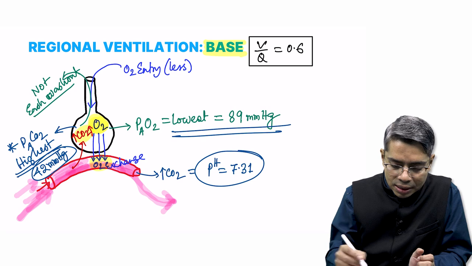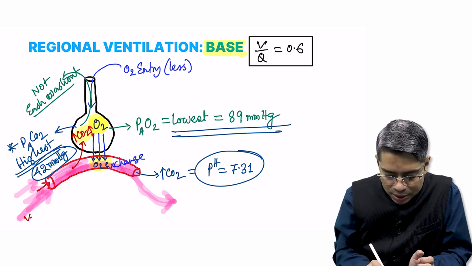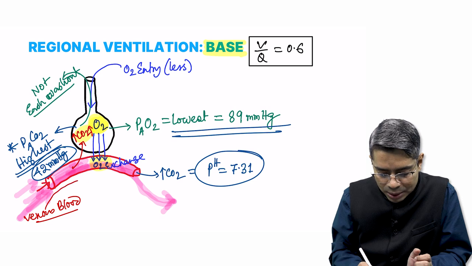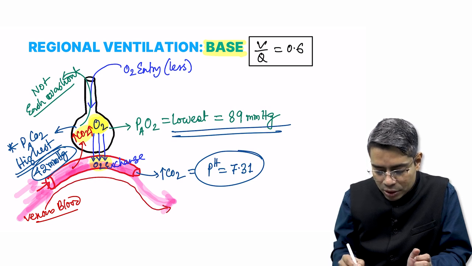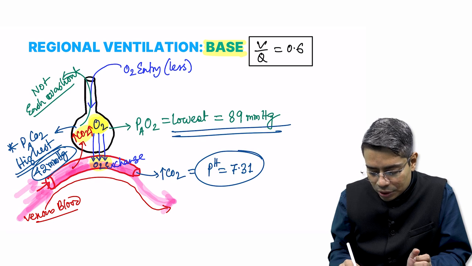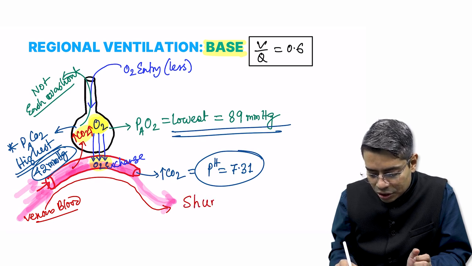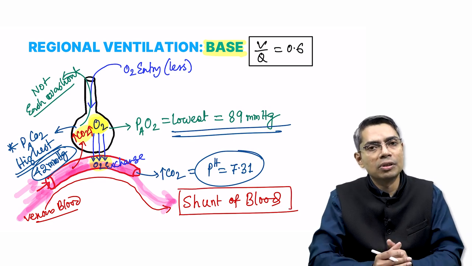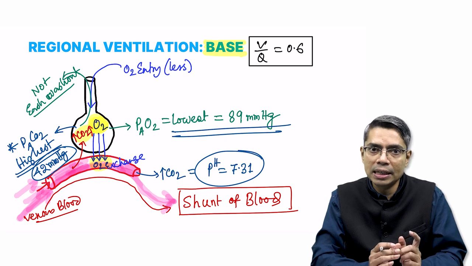So I can easily understand that at the base of the lung, certain amount of venous blood is not going to get proper oxygen and it is directly bypassing from the venous side towards the arterial side. So this is known as the shunting of venous blood from venous side to the arterial side because of the huge blood flow in the base of the lung. Getting my point? Getting the concept?